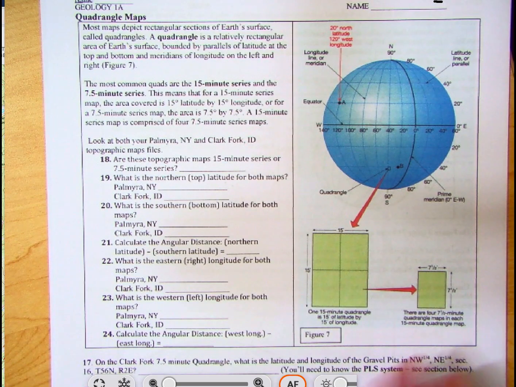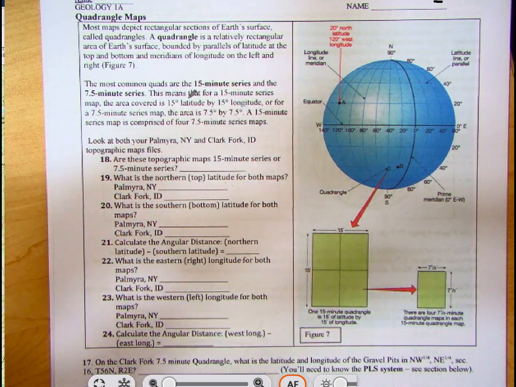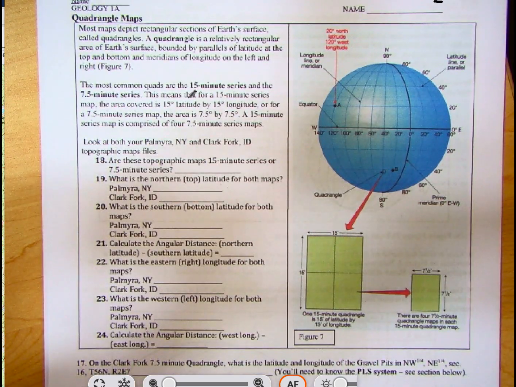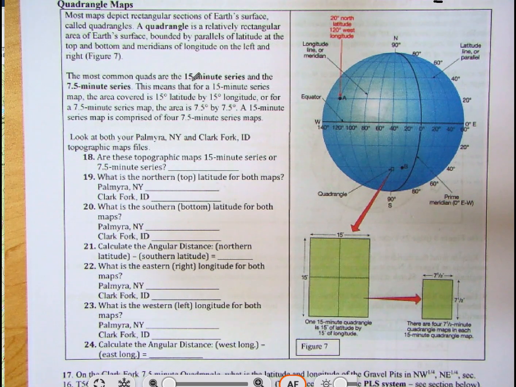Now for this next part on quadrangles, I want you to read through this, but essentially quadrangles are these rectangular sections that represent an area of Earth. And because they're going to be in minutes, 15-minute series or 7.5-minute series, they have an area that they're covering. So if you think about a 15-minute series, well, a 15-minute series is about 15 nautical miles.